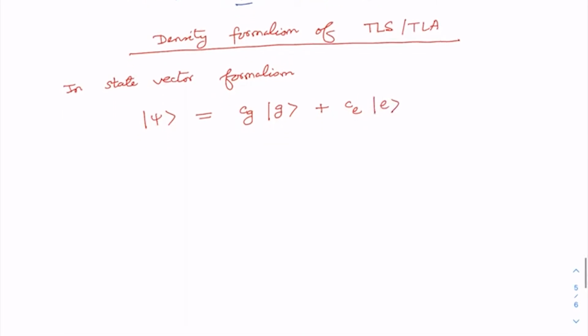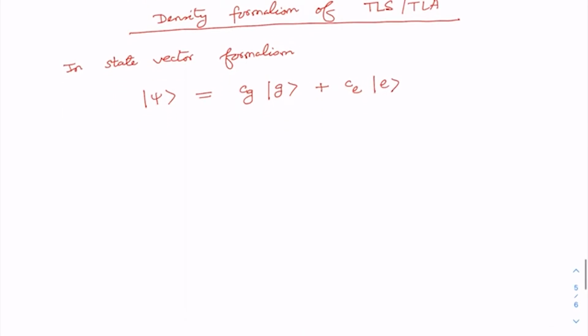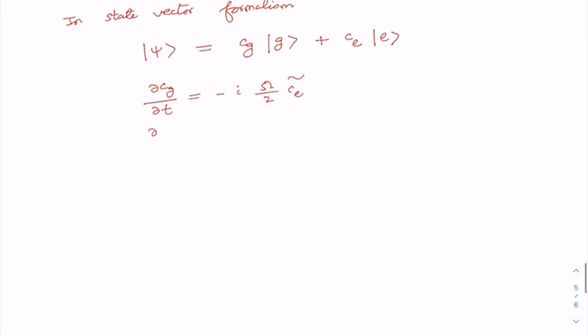And when we did that in the rotating frame of reference, these coefficients depended on time by these equations, and Ce tilde dot, we found it as delta Ce tilde minus i omega by 2 Cg. So these equations we got from the so-called Schrodinger equation.